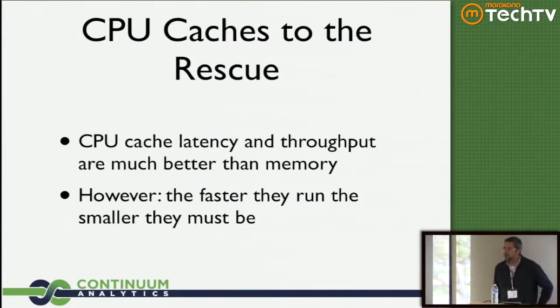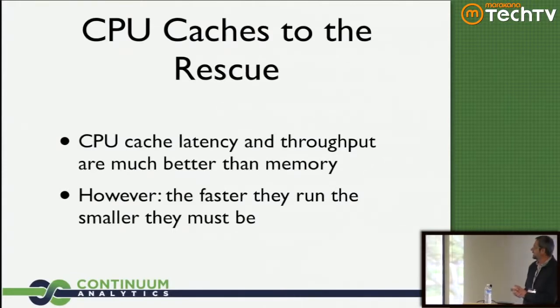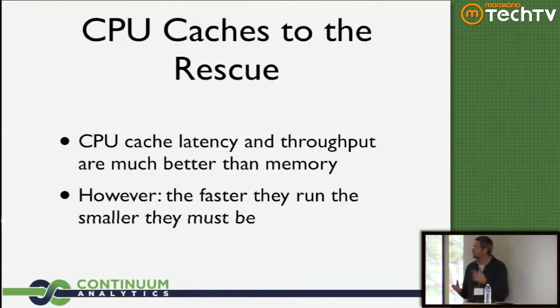So in order to cope with this problem, what vendors are doing is introducing caches in CPUs. Okay? The idea is that the caches in CPUs have much better latency and throughput than main memory.